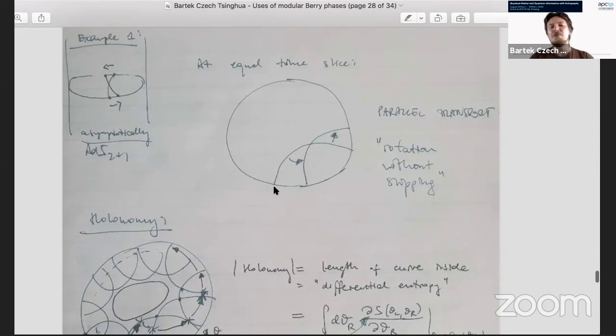Any other way of moving from here to here would be an arbitrary thing which is non-covariant, in the sense that you have put in some non-covariant choice for how you're going to do it. This rotation without slipping is really the only way of moving from the interval to the other interval which does not break conformal invariance in any way.